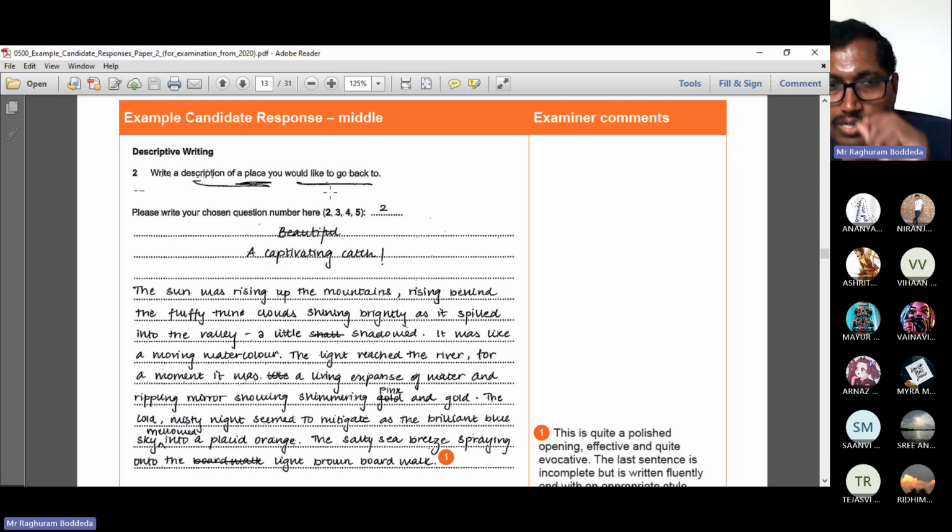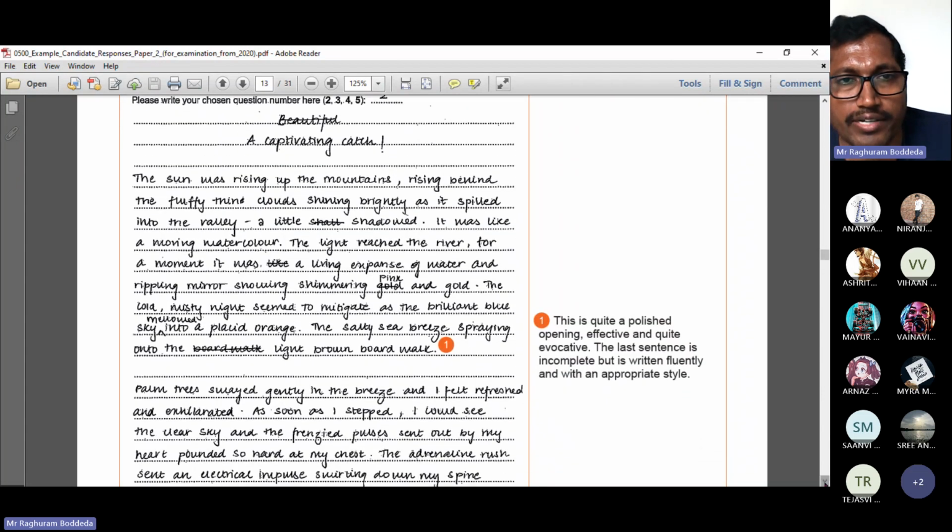Let us see the sample, how the examiner gave comments on it. I may ask you to look into the details, how we are going to consider this exercise when you are practicing writing descriptive pieces. I may ask you to read, and you can look at that.